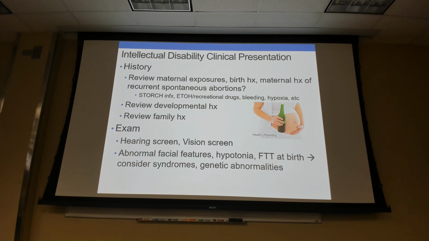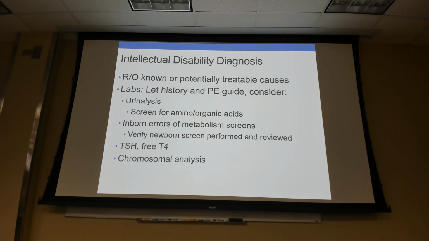Are you seeing anything? Looking at growth charts, is this some of the stuff going on? What's your workup then? Again, this is not something that has an absolute specific workup, but it's going to be things to consider. So here's my favorite word again, things that you're going to consider. Urine testing is going to be one thing that you see a lot of for kids. It's going to give you a lot of information.